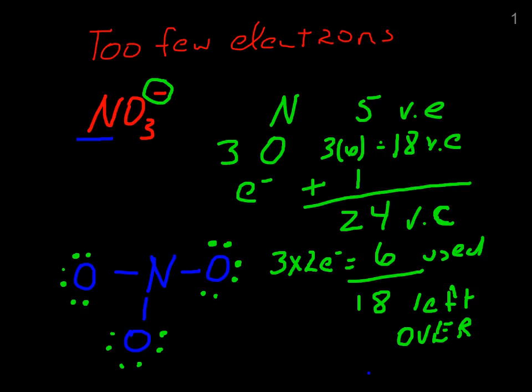And now when I look at this structure, I go, okay, looks pretty good. Well, there's a problem. The oxygens are great. Every oxygen has 8 electrons around it, but the nitrogen only has 6. Now, these electrons are mobile, and they're going to move around where they need to. So there is going to be some pair of electrons, and I'll just pick on this pair right here, that is now going to move down into a shared bonding position.